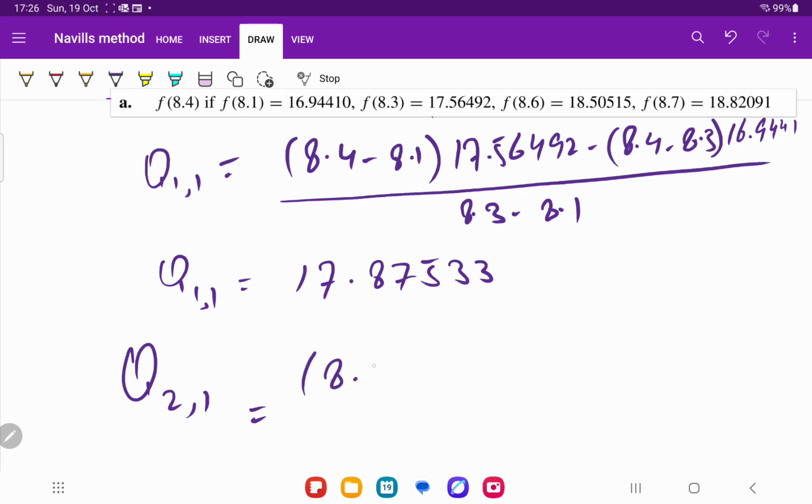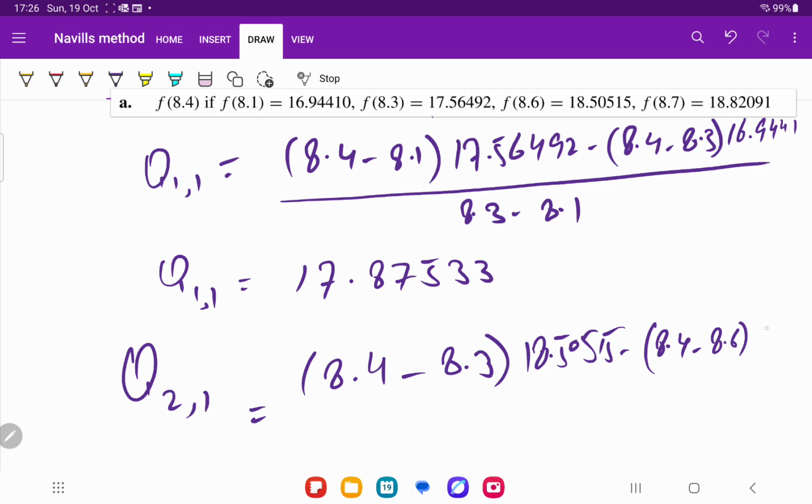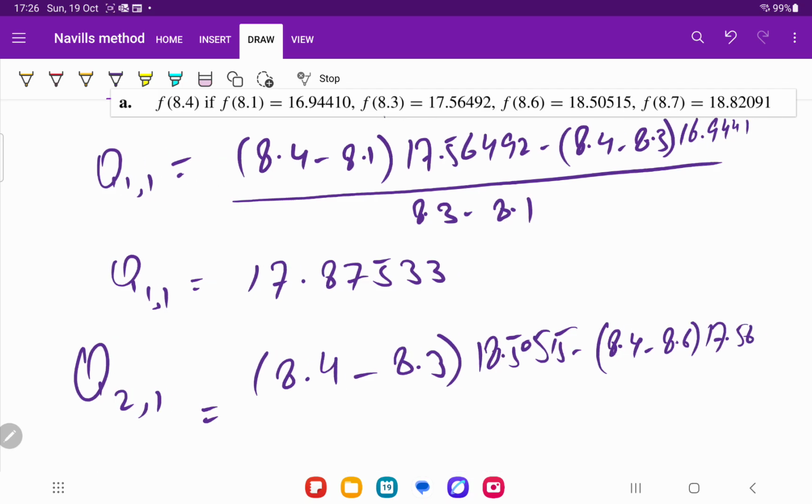So again, 8.4 minus 8.3 multiplied by P2, 18.50515, minus 8.4 minus 8.6 multiplied by P1, 17.56492, divided by 8.6 minus 8.3.